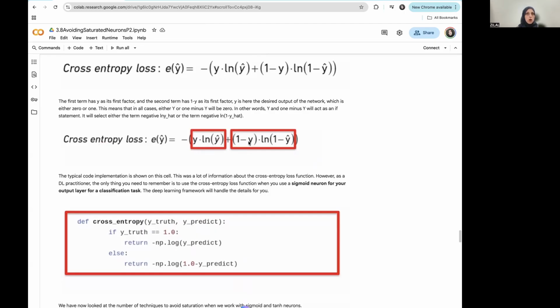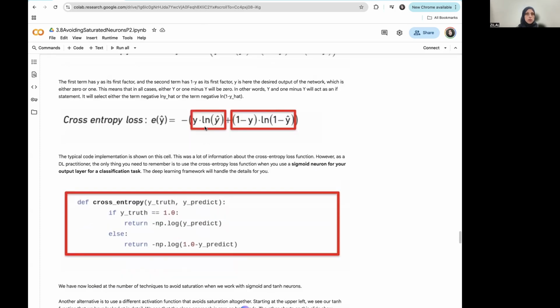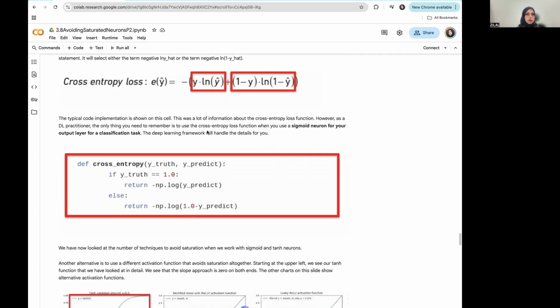In other words, y and 1 minus y will act as an if statement. It will select either the term negative ln y hat or the term ln 1 minus y hat. A typical code implementation is shown here on the cell.